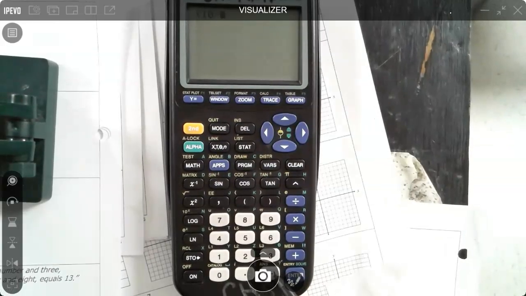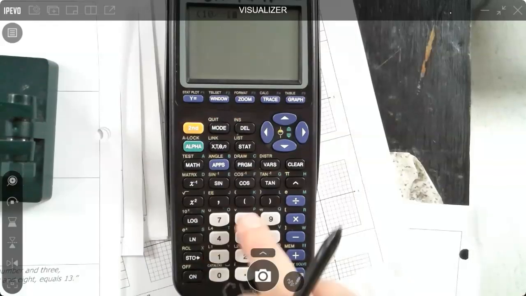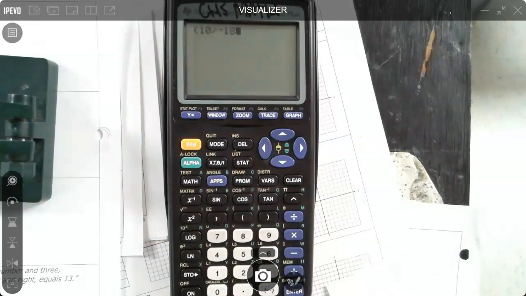This button right here, that's your negative button, right? Instead of the minus. So it's a little bit different. So negative 18, close the parentheses and hit enter.